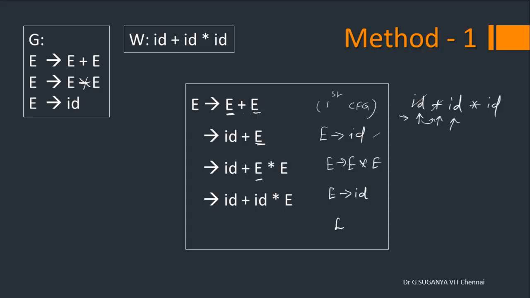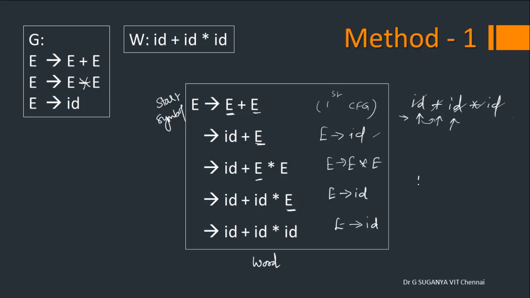Finally, this non-terminal E can again be expanded to id using the production E gives id. So we'll be left with the word. As and when the mapping happens, you can move on, and now all the symbols of your input word get matched. So we started with the start symbol and arrived at the word.